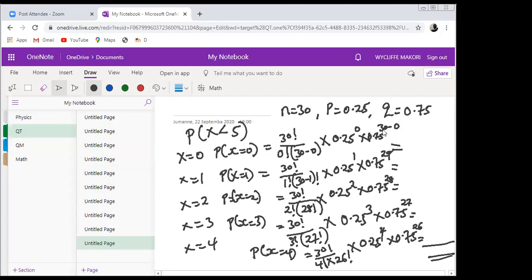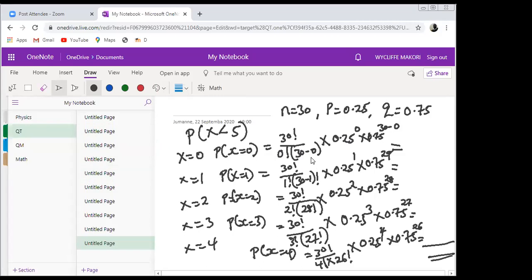0.75 power 30. So we can get this answer direct. We do 30 factorial, shift factorial, divide by, then we put into bracket. Then we have got this part here, 0 factorial, shift factorial times 30 minus 0 is 30, 30 shift factorial.